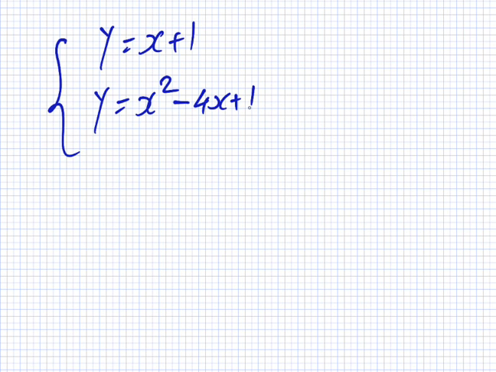Elimination, substitution, and Gaussian. Gaussian we don't like. We can use two of those methods for these problems: we can use graph or we can use substitution.